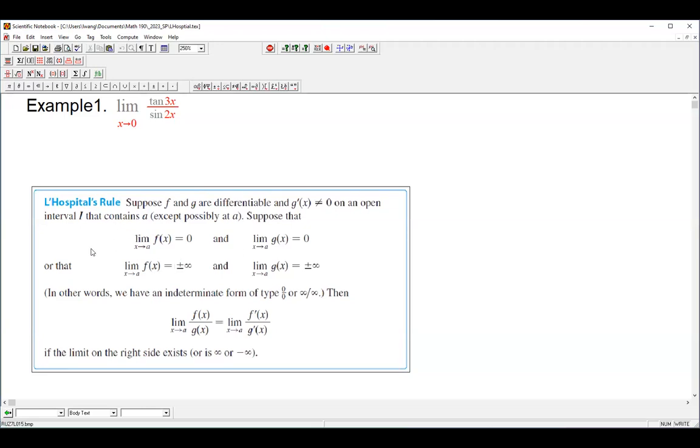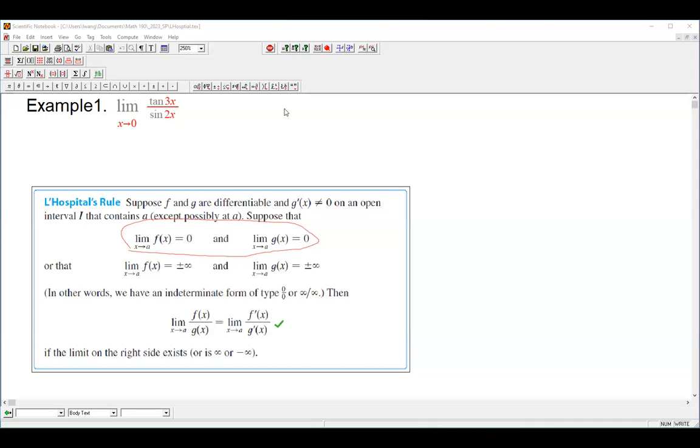When we apply L'Hopital rule, every time we apply, we must check the condition. These two conditions are, number 1, either both the numerator and denominator approaching 0, then we can use the L'Hopital rule and take the derivative of the numerator and denominator separately, respectively. Okay, not quotient rule. If this condition is satisfied, then we can apply L'Hopital rule.